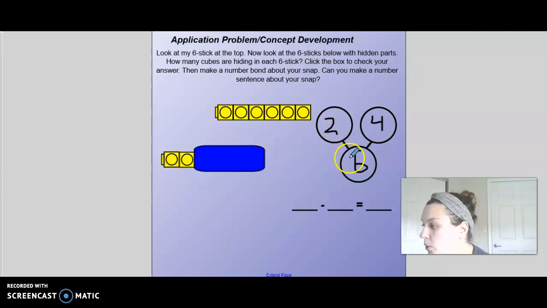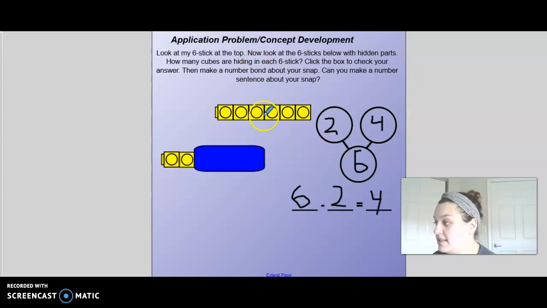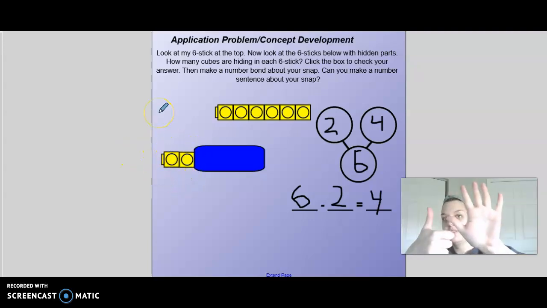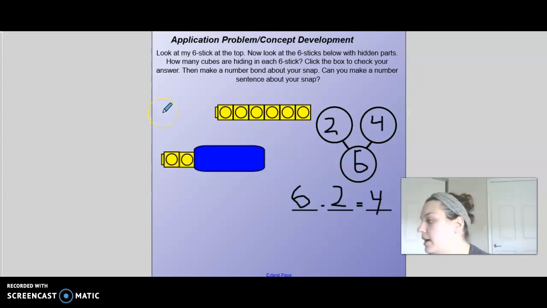So we need our whole minus how many are showing equals how many are hidden. 4 were hidden. Very good. So we have 6 minus our 2 that are showing. So 6 minus 2 equals 4.